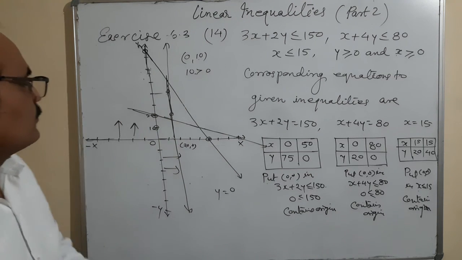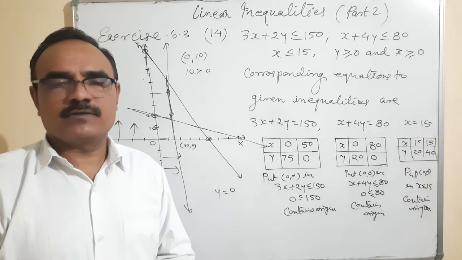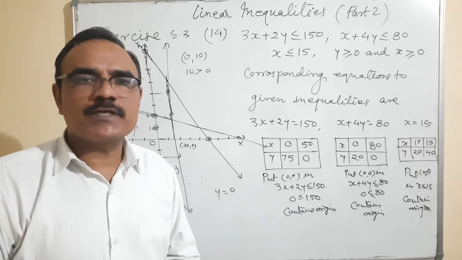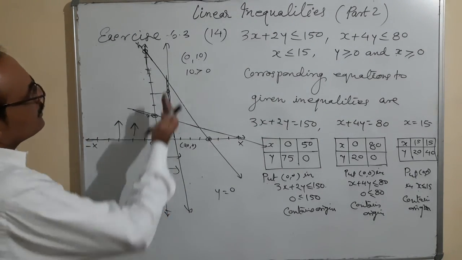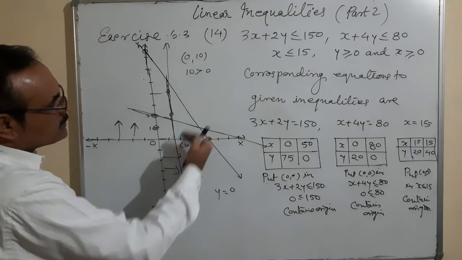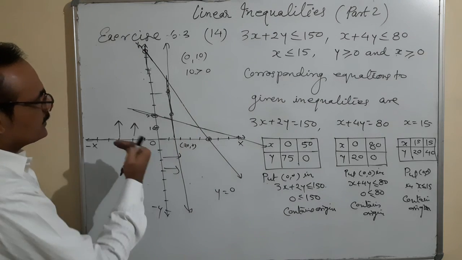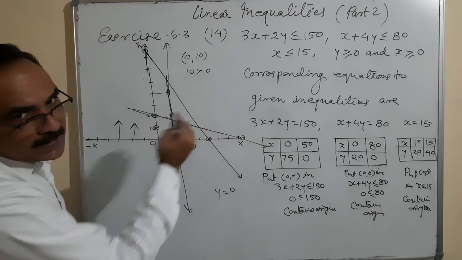If a question is asked what is the common portion to be shaded, once again you see: for this line to the left, for this line to the downside, for that line to the left, for the x-axis upside, and for the y-axis right side.